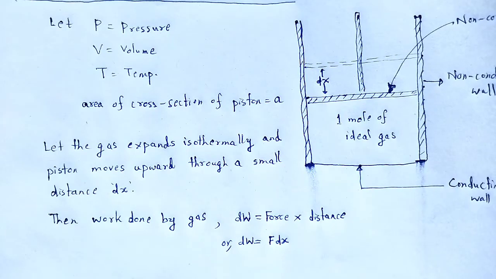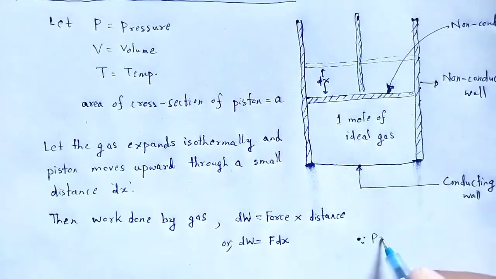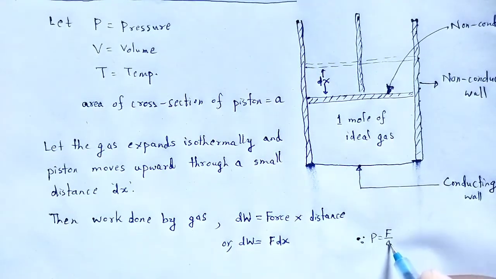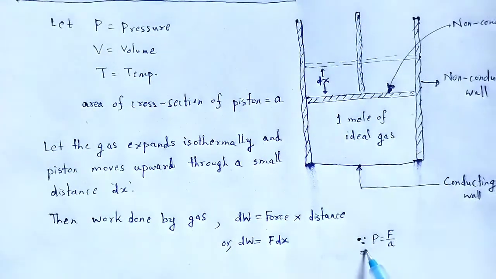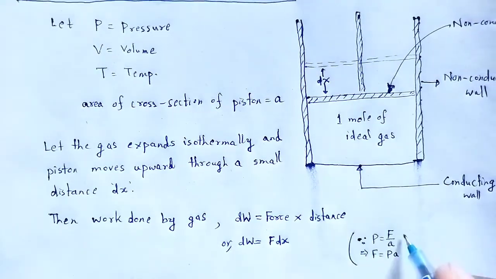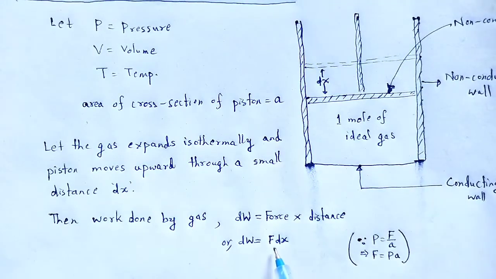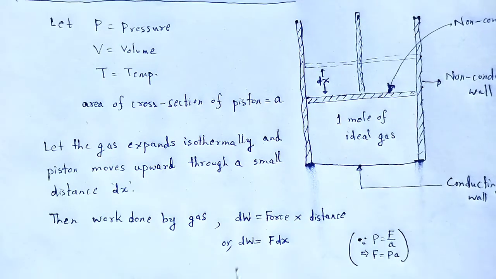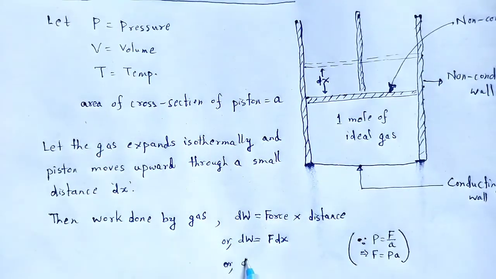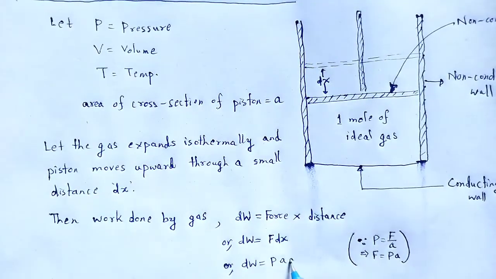Instead of force, we can write pressure is equal to force by area. So, force will be pressure into area. In place of force, we can substitute pressure into area. So, dW is equal to PA dx.